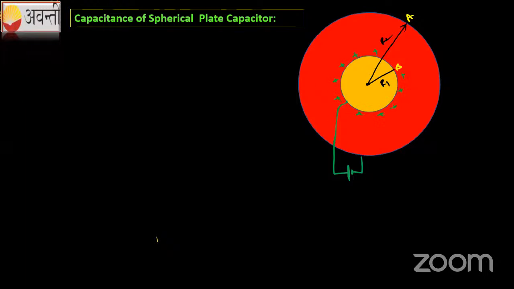Is this color visible? Green color, what I wrote. Then the outside one will get charged with negative. Okay, done.